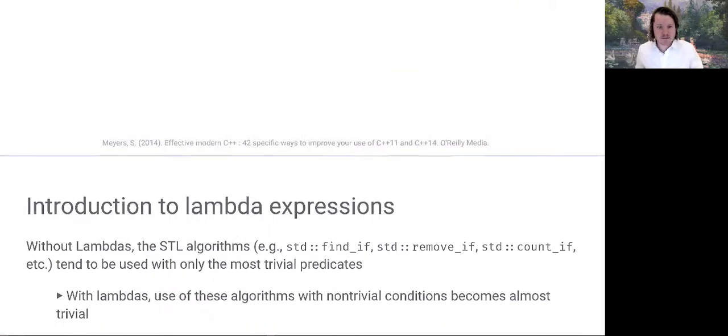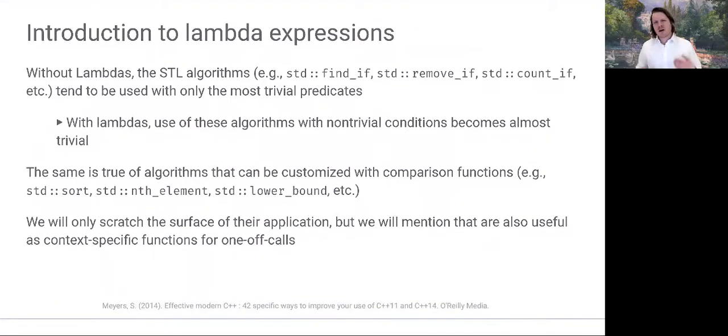But to motivate the topic a little bit more, without lambdas, the standard template library algorithms such as find if, which I believe I presented in a previous functional style programming lesson video, and remove if, which I'm pretty confident some of y'all have used in some implementation.